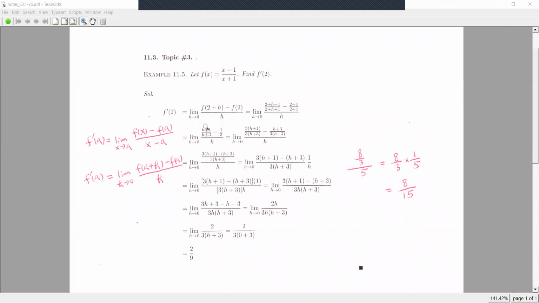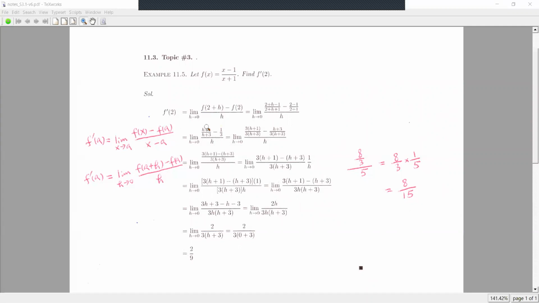The denominator in the first term is h plus 3. And the denominator in the second term is 3. The common denominator is 3 times h plus 3.